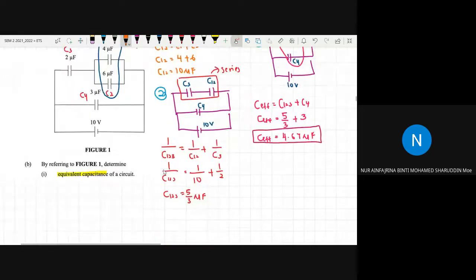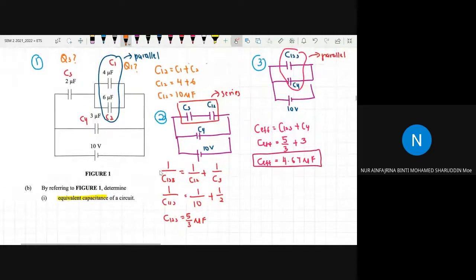Like I told you, for this kind of question, for the effective capacitance we draw from the beginning until the end. But when we want to find the others, Miss will start with step number 3. So step number 3 now becomes step number 1, to find the charge, voltage or capacitance itself.